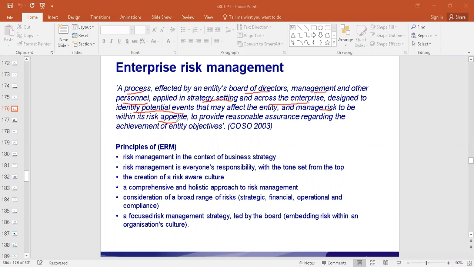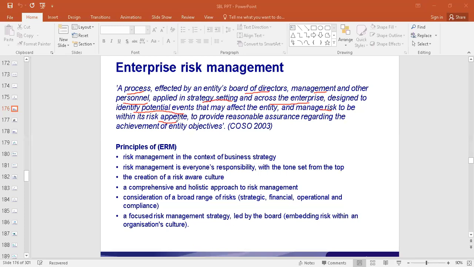So this ERM concept is introduced by COSO. This is a framework which says that it is a process involving people from all levels of management, looking into the strategy that is set, and other areas of the organization.